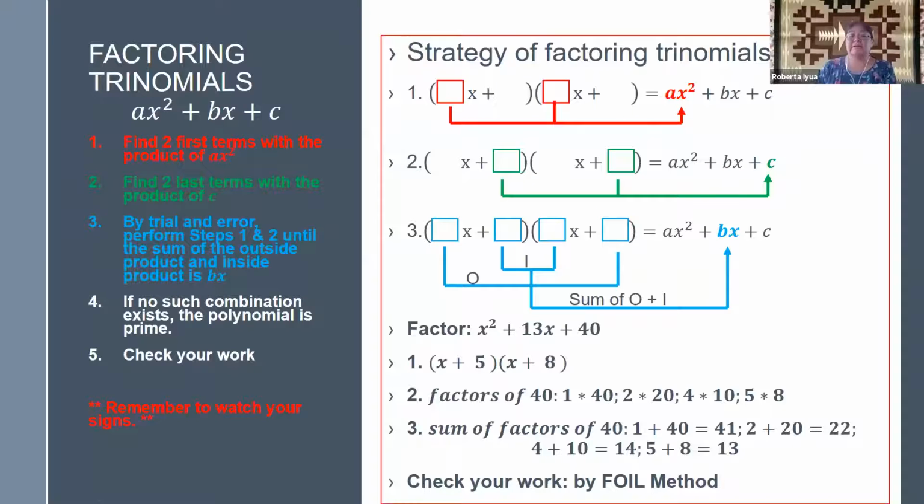I factored it out. And you need to always remember to check your work by foiling it. FOIL the x plus 5 and the x plus 8 to see if you get this x squared plus 13x plus 40. And then always remember to watch your signs as you do this.